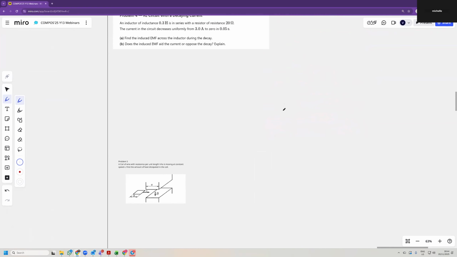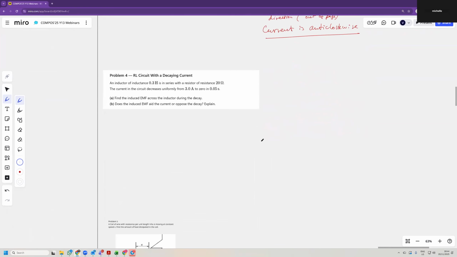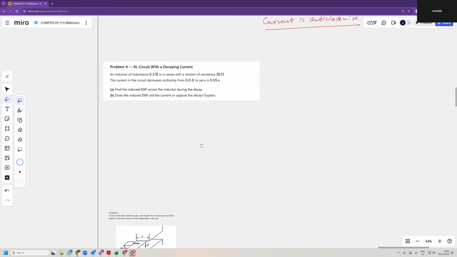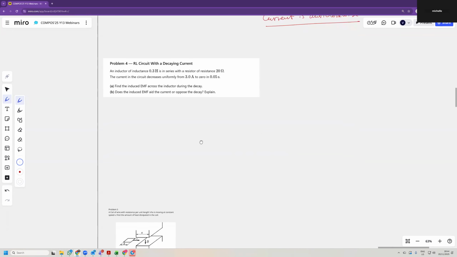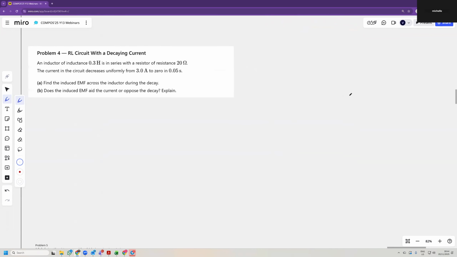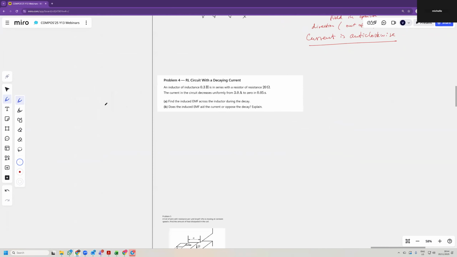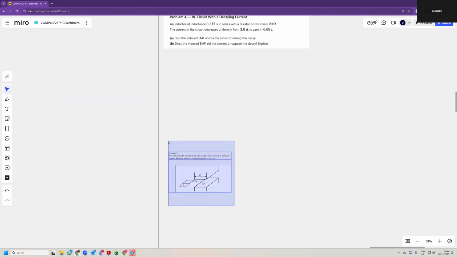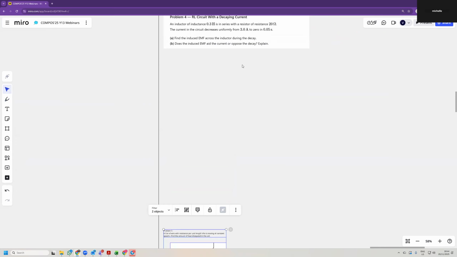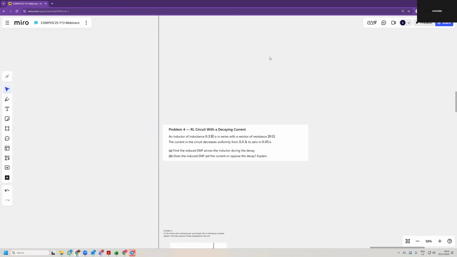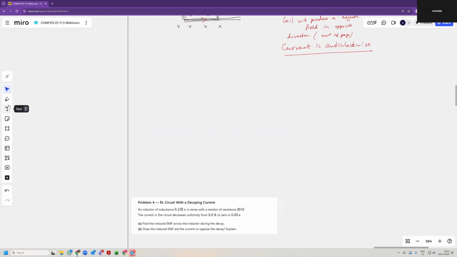Now in this assignment, we discover inductors. Inductors, like an inductance. How does that work?